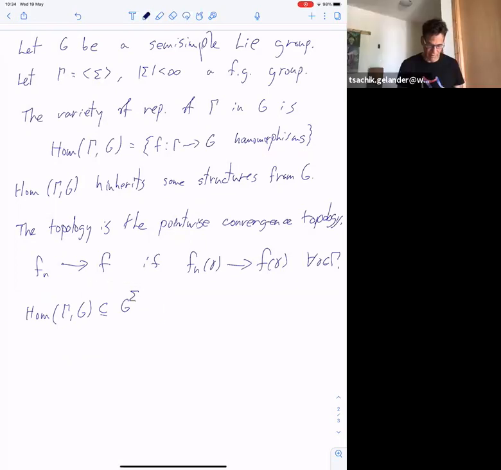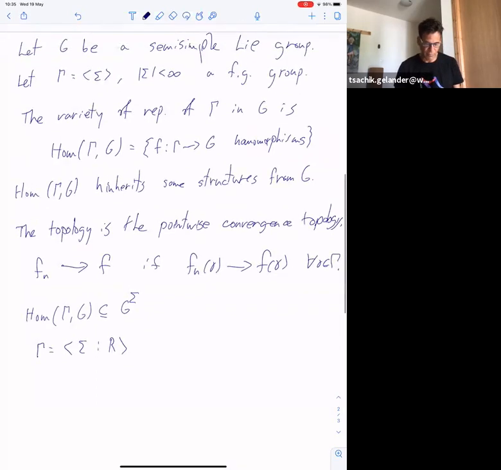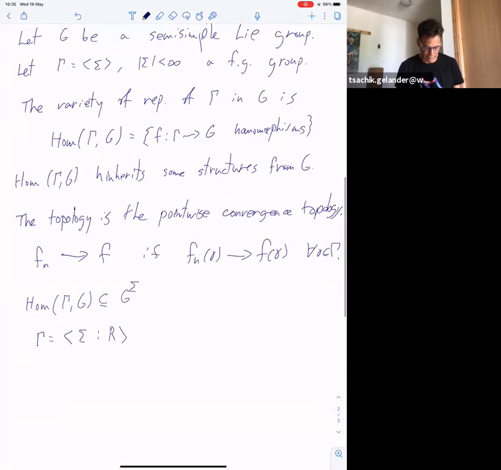You can actually think of it, if gamma is given by a set of relations, you have a presentation with generators and relations, maybe infinitely many, but in our case gamma will always be finitely presented.